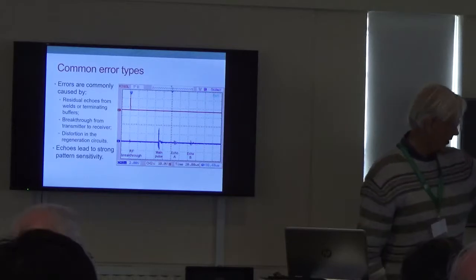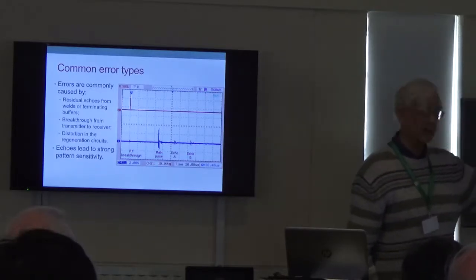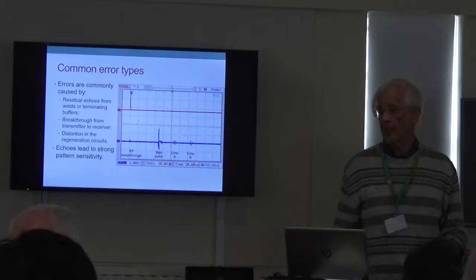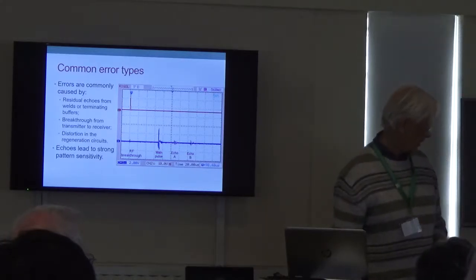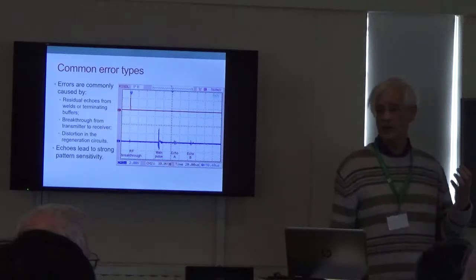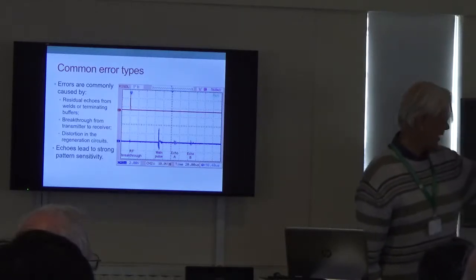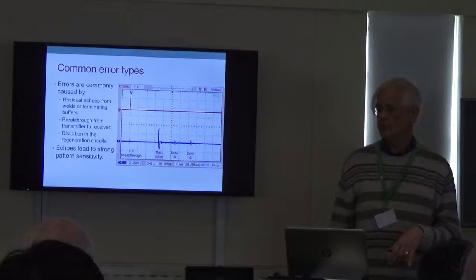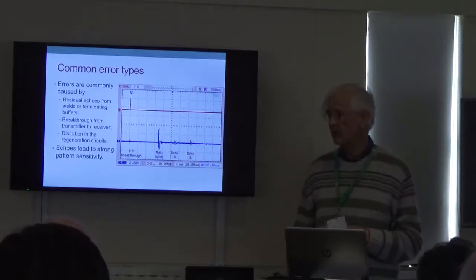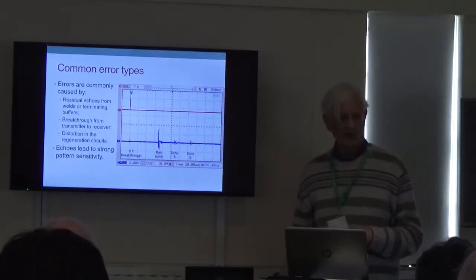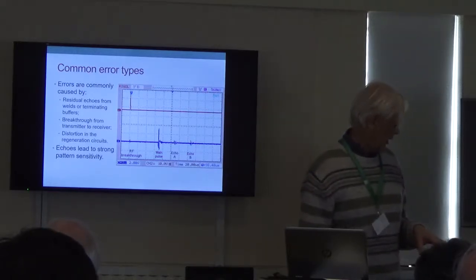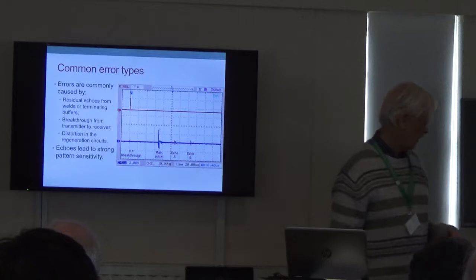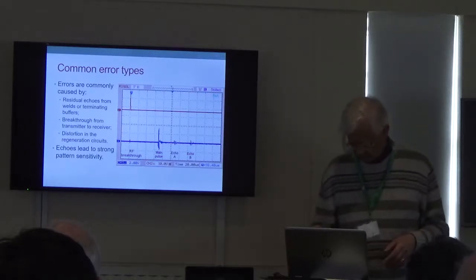Anywhere there is a mechanical imperfection in the mounting of the wire, you can get an echo. And if you get a worst case data pulse, all these echoes add up and can produce a pulse which is comparable with the main data pulse. So you have to get the echoes to an absolute minimum. And there are also things that sometimes go wrong with the electronics at the end.